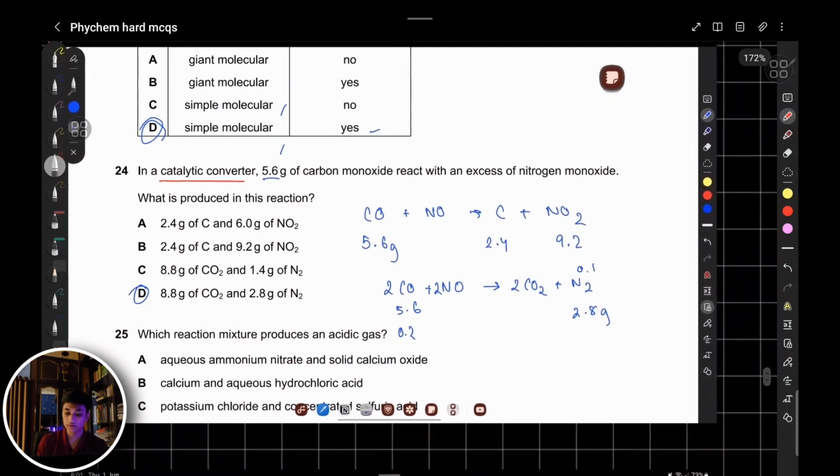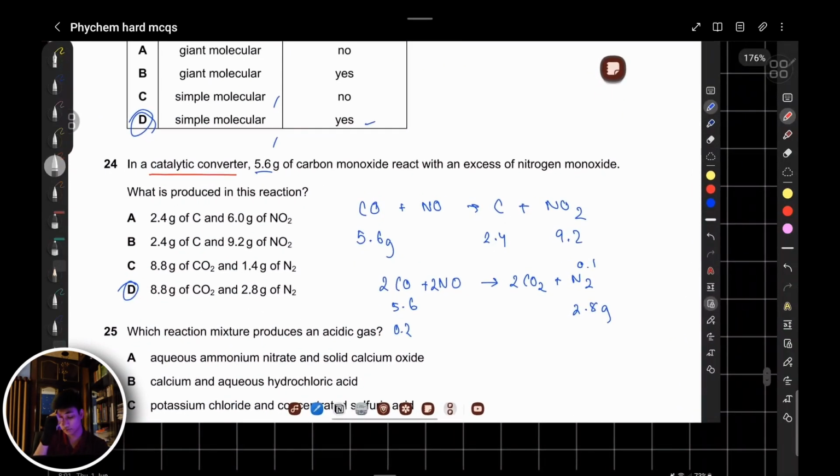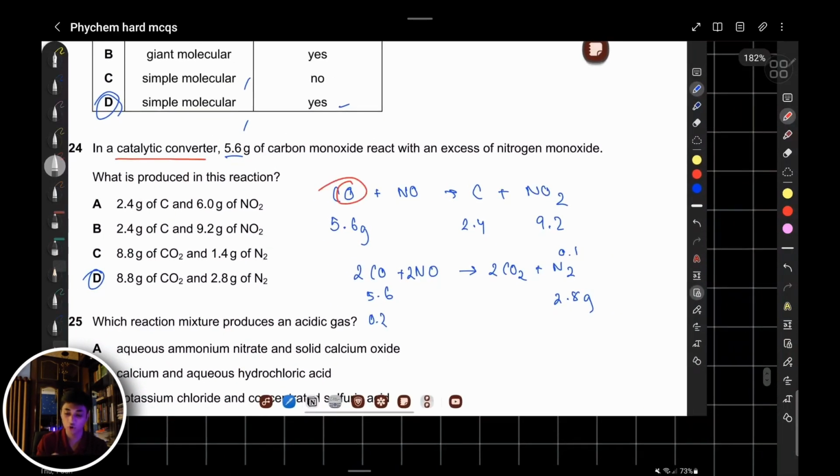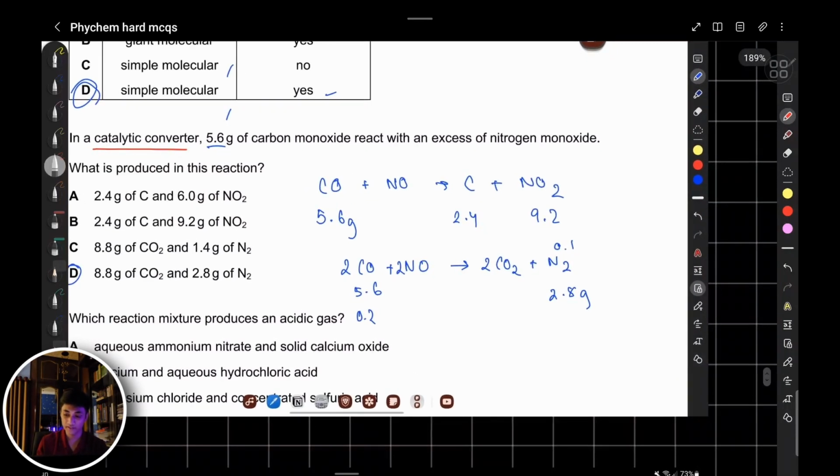the purpose of the catalytic converter is to oxidize carbon monoxide and reduce nitrogen oxides. So it's not going to be this equation.